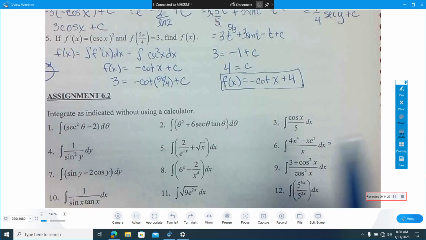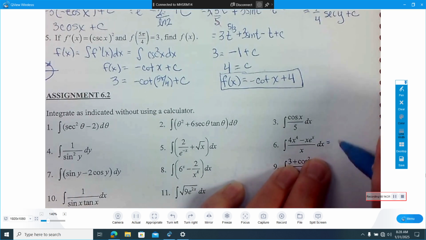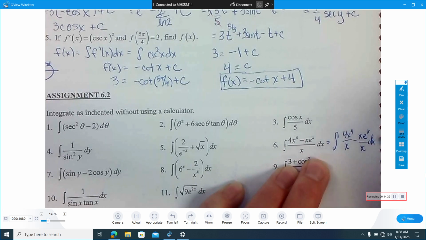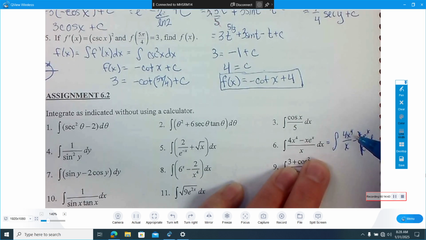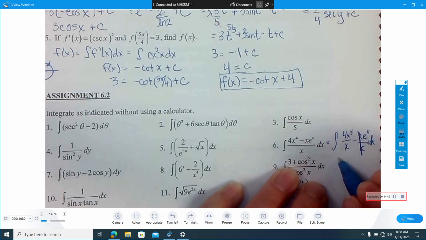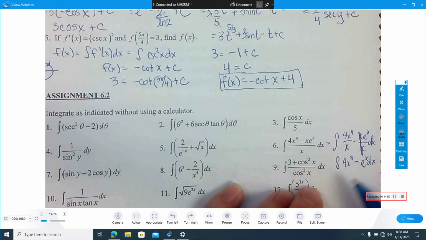Dividing each term. So if you think about it, this is 4x to the 4th divided by x minus x e to the x divided by x dx. So those x's reduce, and x to the 4th over x also cleans up. So we would have 4x cubed minus e to the x dx.